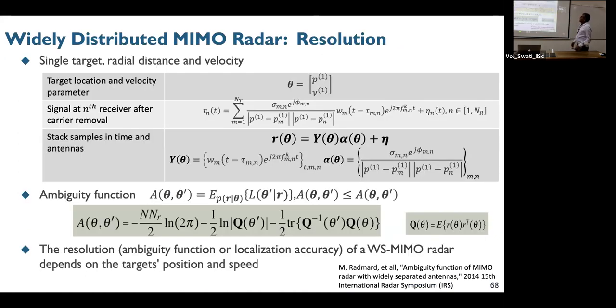Okay, now we come back to all the equations from here on. Here is the model for the nth receiver after carrier removal. We are interested in a single target here. As I said, multiple targets are removed from the scene. So if you have a single target, I want to know the position and the Doppler, and this would be the reflected signal from the target.